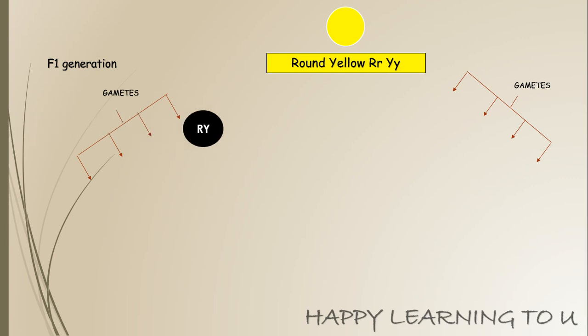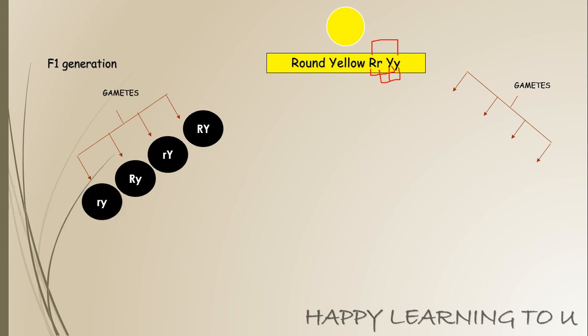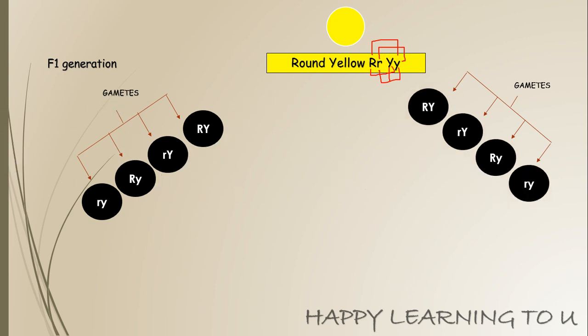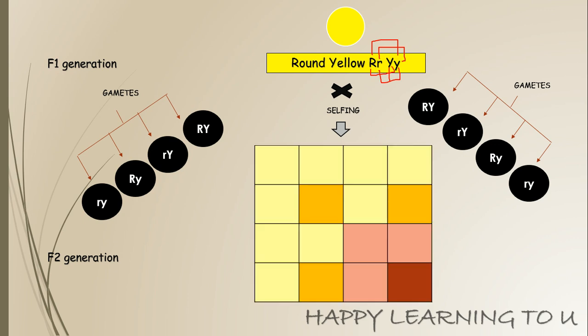You have RY, next small r and capital Y, then capital R and small y, and small r and small y. Similarly for the other parent, because here we are carrying out selfing. Okay, this is self-pollination, and what you get here is the F2 generation.